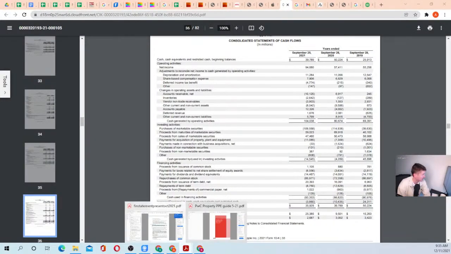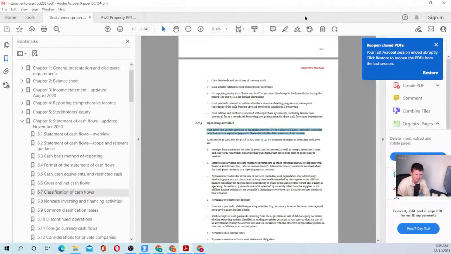And the definitions for these 3 activities you can easily find in the guidance. I have the guidance here. It's a PwC guidance. We use it a lot for these lectures. They have classification of cash flows, page 112.